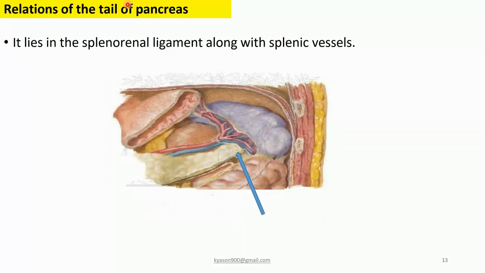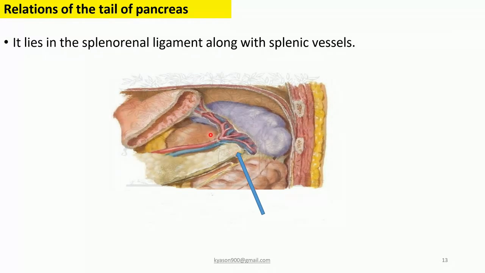The tail is a very, very small part that is going to lie within the splenorenal ligament. This ligament runs from the spleen to the kidney, and within this ligament we shall have the tail of the pancreas.